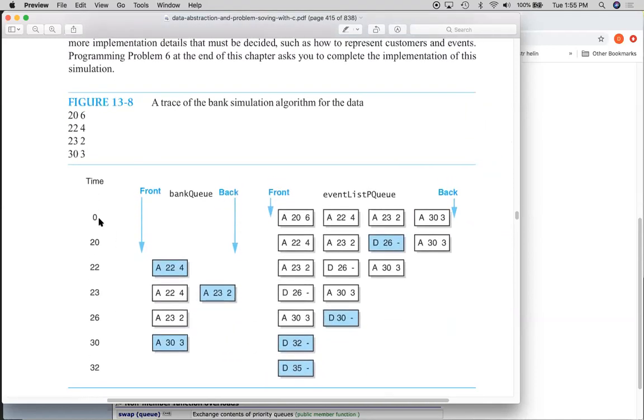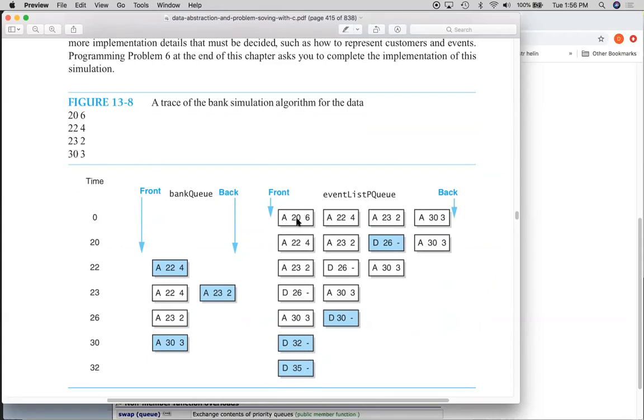So you can see here that we've got these 4 items, and what we're going to do is start by just putting these 4 items into a priority queue. The A stands for arrival because this is an arrival event.